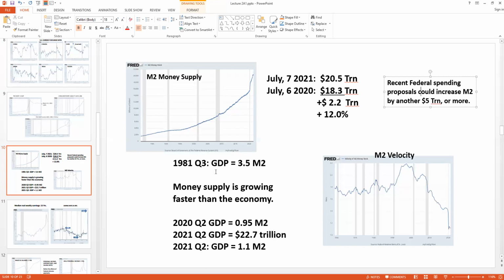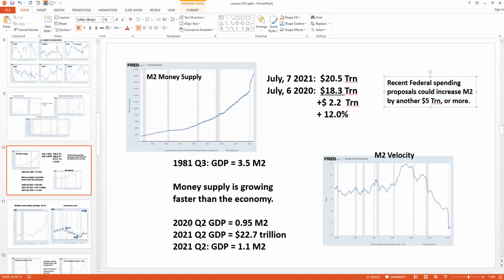Here's another way to look at it, and the term is the velocity of money. Back in 1981, the gross domestic product was about 3.5 times the size of the money supply. And again, there are several definitions of money supply. The most common is M2, and that's why I've used it here. As I've mentioned, the money supply is growing faster than the economy.